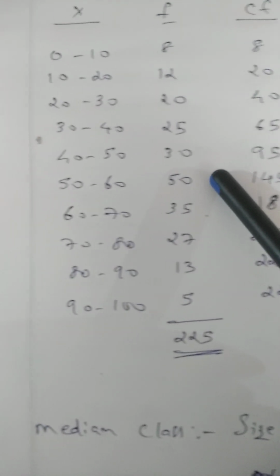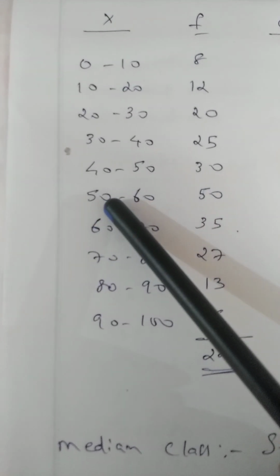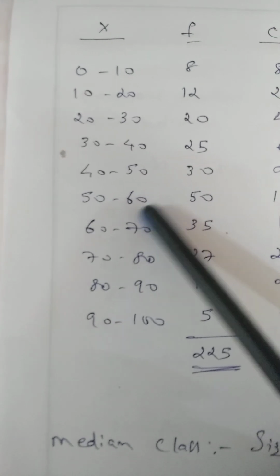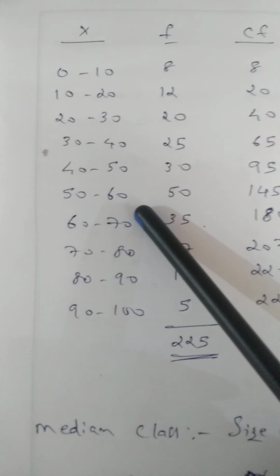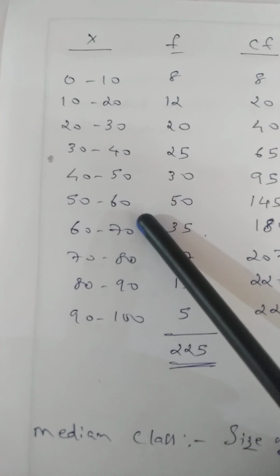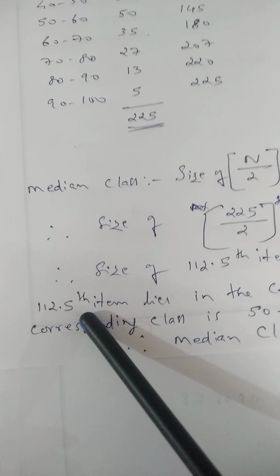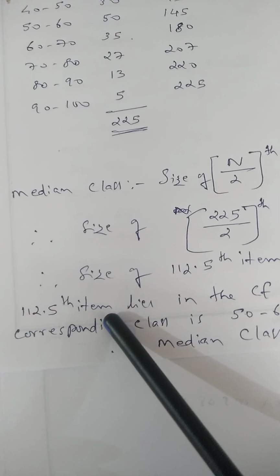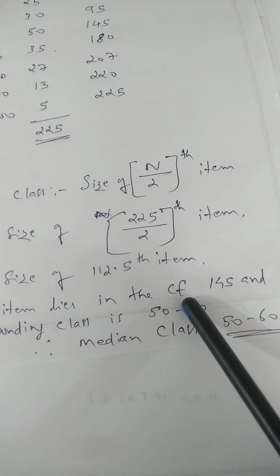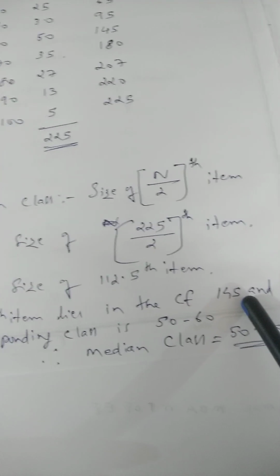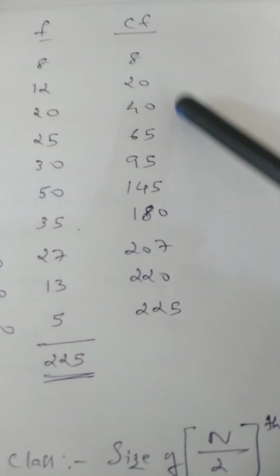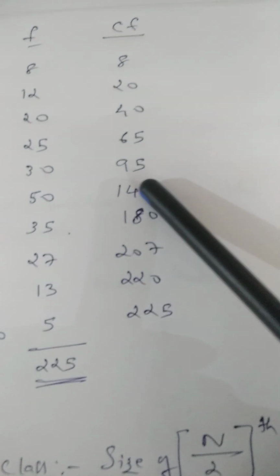So, we have to consider this 145 cumulative frequency and what is the corresponding class of this 145. Corresponding class of 145 is 50-60. So 50-60 is the median class. Okay, so we write like this. 112.5th item lies in the cumulative frequency 145. It can be covered under the cumulative frequency 145.